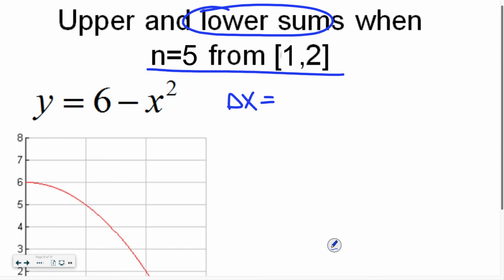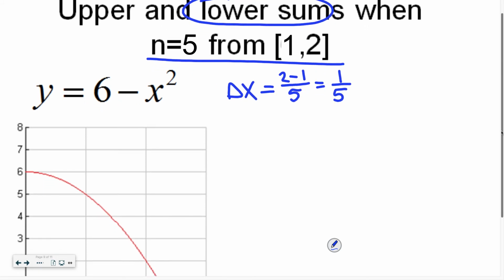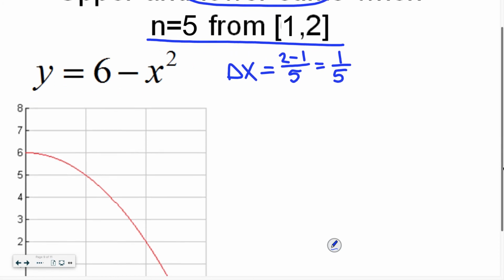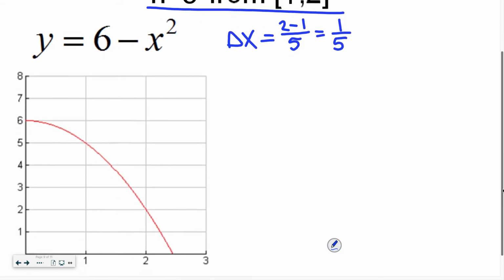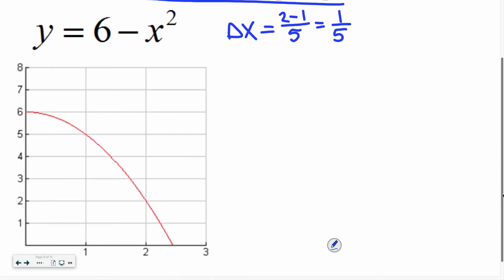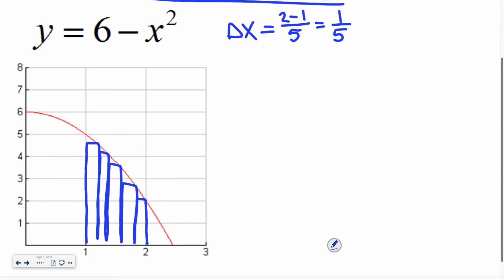B minus A over N. All right, so how do we do that here? 2 minus 1 over 5. Okay, so delta x is 1/5. Now, if this is a lower sum, do we want right-hand endpoints or left-hand endpoints for our picture? If we draw right-hand endpoints, because we're decreasing, we would get an under approximation.